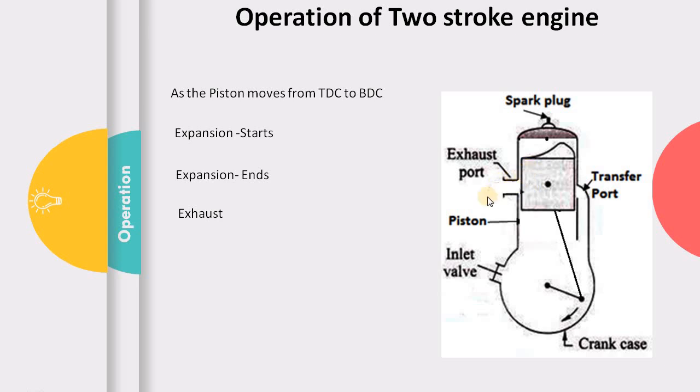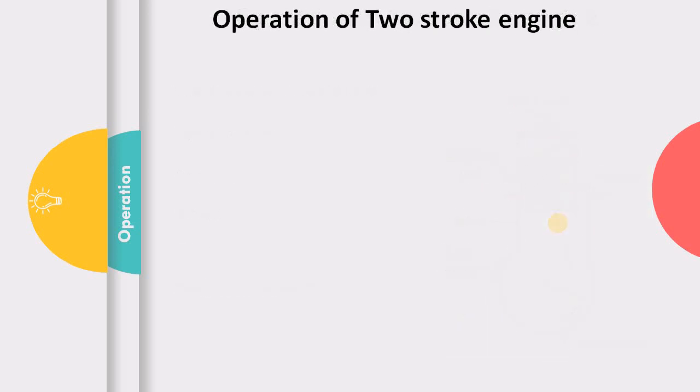So exhaust is happening now, the gases are going out, and further the piston moves to uncover the transfer port, and suction also starts. So suction is starting now, and finally the piston reaches bottom dead center. So this is what happened when the piston was moving from top dead center to bottom dead center.